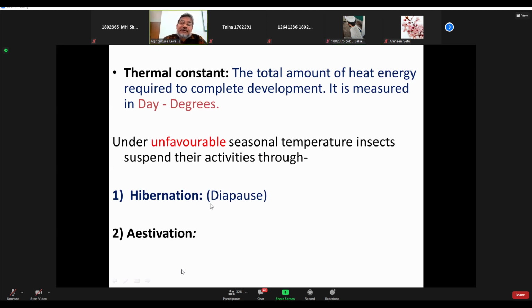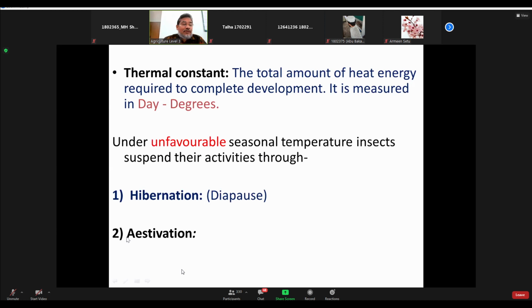In diapause, there will usually be no metabolic activity. The metabolic activity will go near to zero, but they will survive. But in case of estivation, they will maintain some metabolic activities. In hibernation they can pass a longer period of time, but in estivation they cannot.